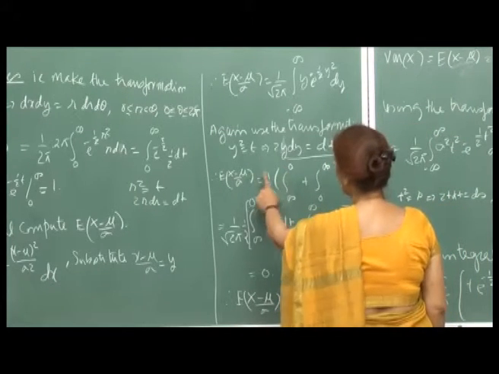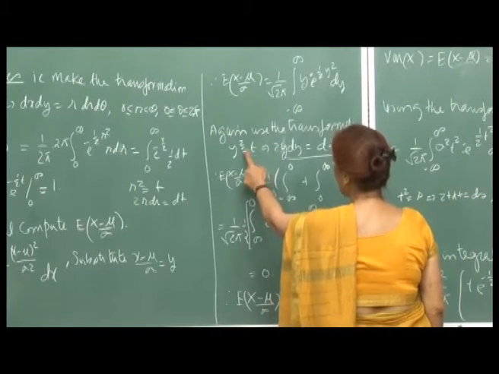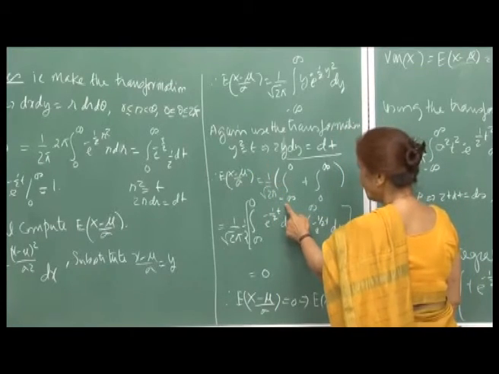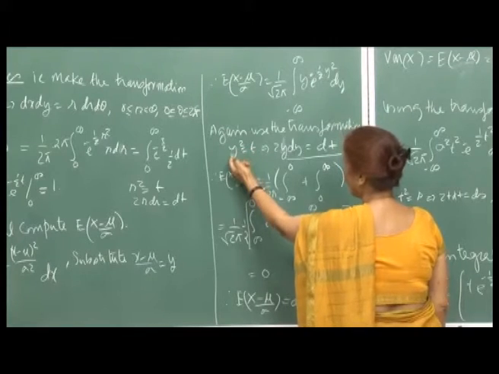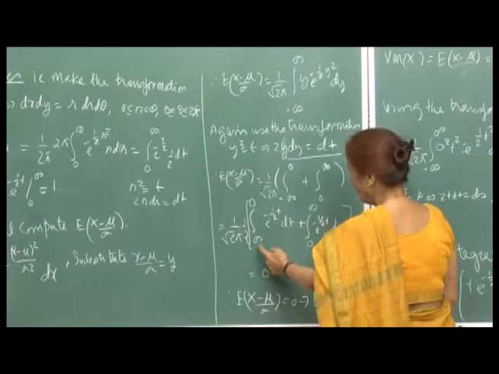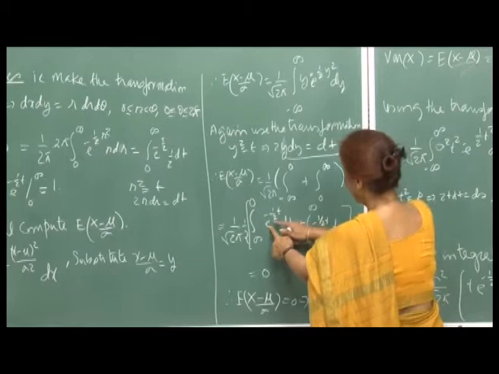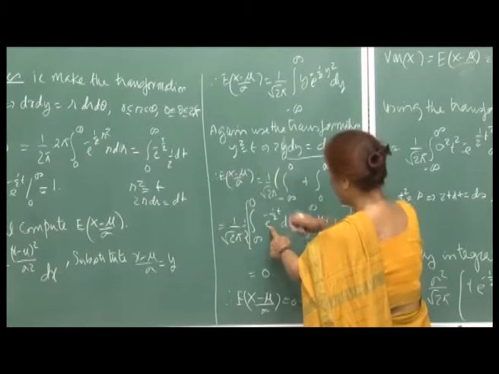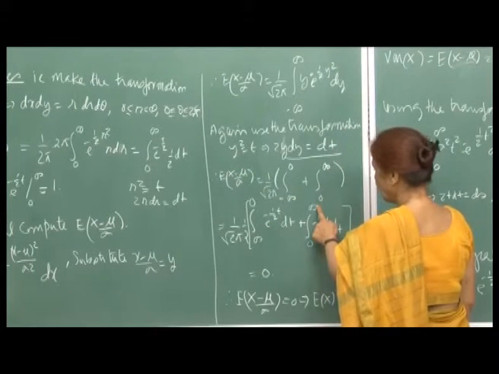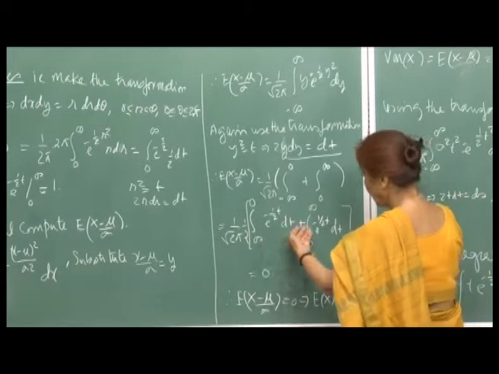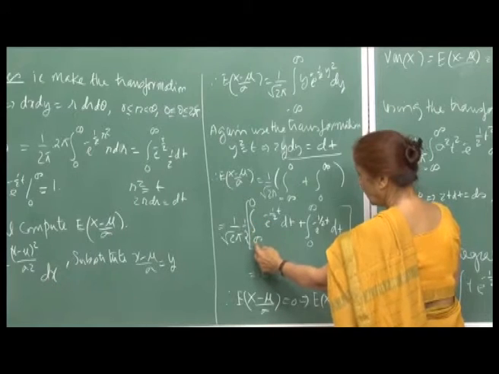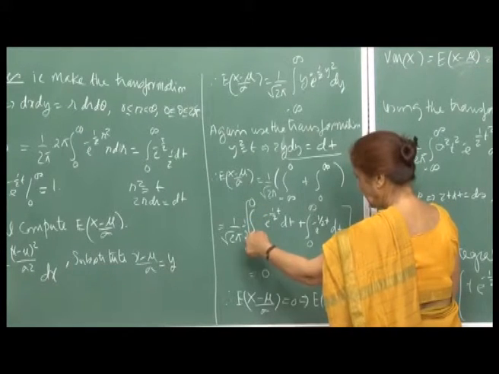And then when you make the transformation that y square is t, this becomes plus infinity, because when y is minus infinity, the square will be plus infinity. So, this will be infinity to 0, and the integral will be e to the minus half t, just as we did here, and then this will be 0 to infinity. So, now it is the same integral, except that here the limits are upside down.